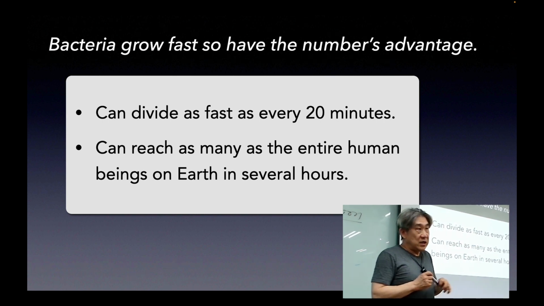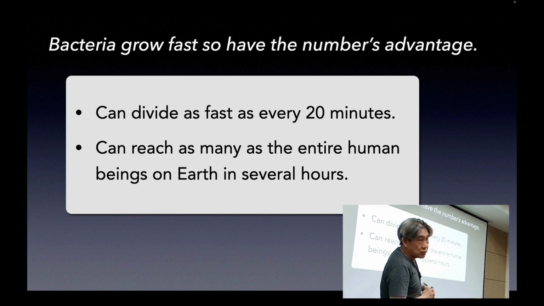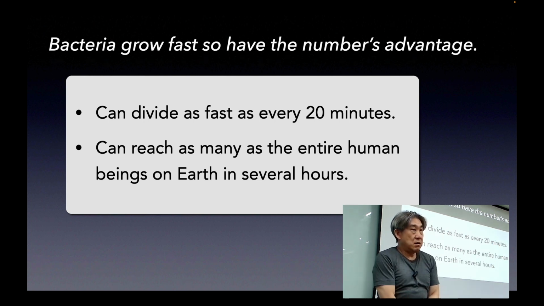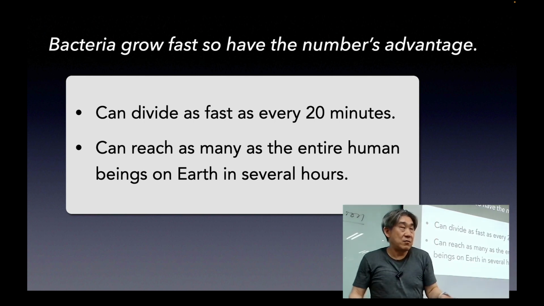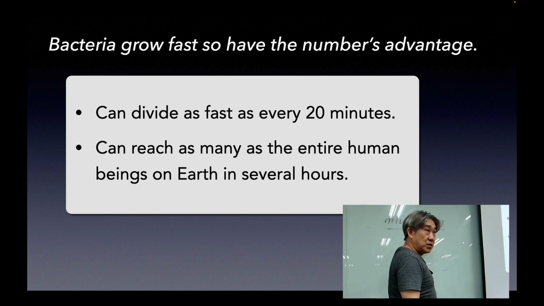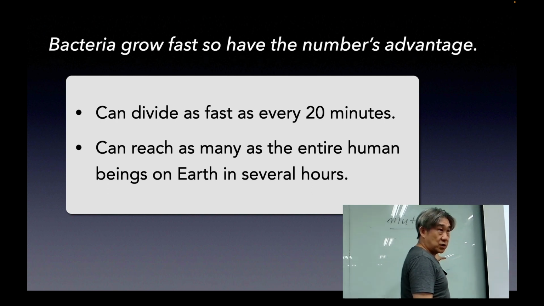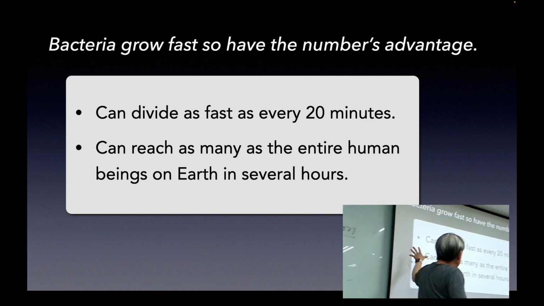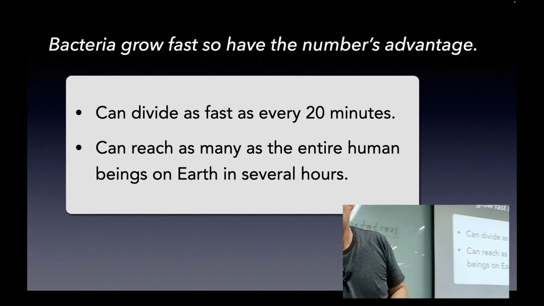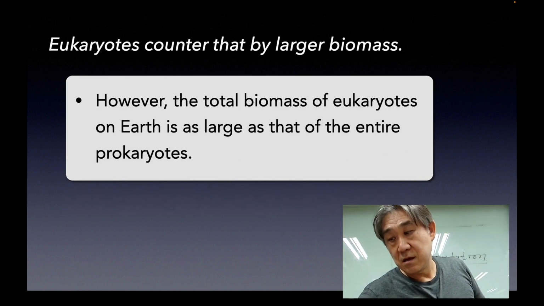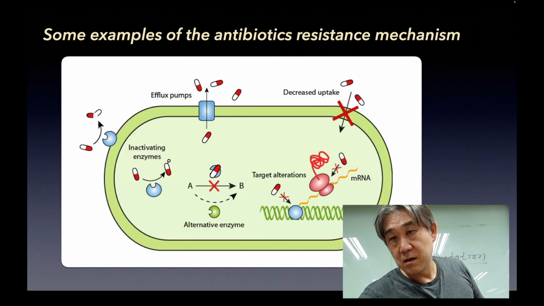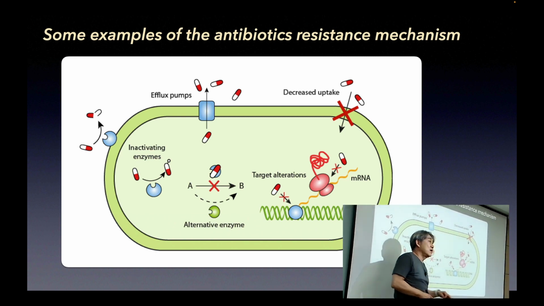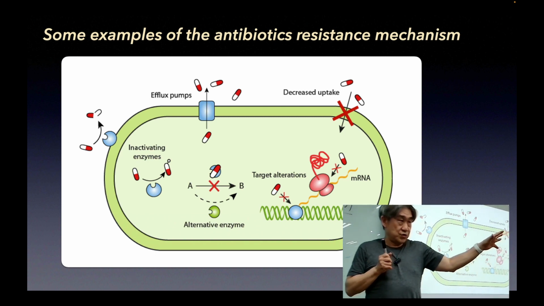Even though there are some occasions of antibiotics resistant superbacteria occurring, those bacteria are basically the result of multiple mutations. They are mutants. Regular bacteria do not carry these mutations and can grow much faster than those mutant superbacteria.